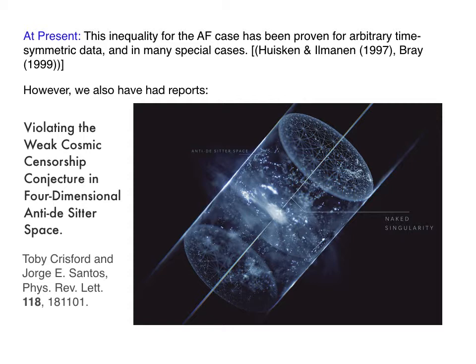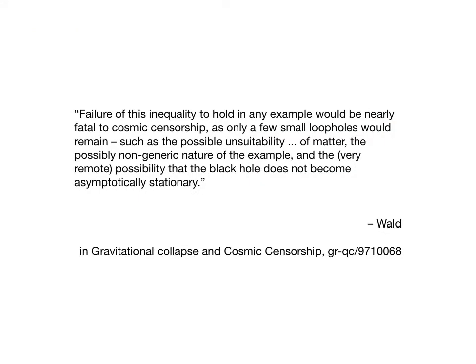However, the authors do not touch the Penrose inequality, which is the ultimate test of cosmic censorship. For if we see the words of the famous relativist Bob Wald, failure of this inequality to hold in any example would be nearly fatal to cosmic censorship, as only a few small loopholes would remain, such as the possible unsuitability of matter, the possible non-generic nature of the example, and the very remote possibility that the black hole does not become asymptotically stationary.